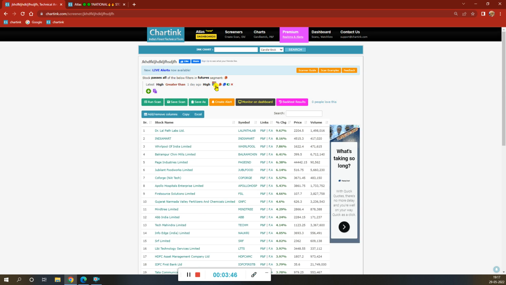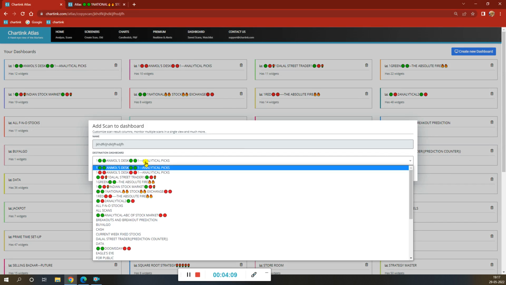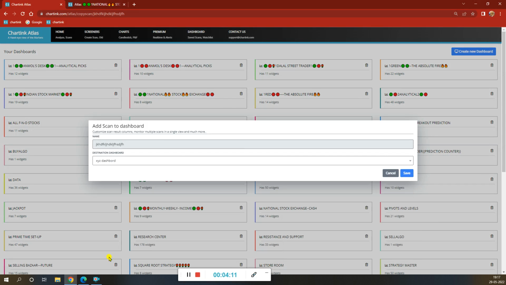Now if I have to look at these stocks on my dashboard, what would I do? What would a normal user of charting do? They would click on this monitor on dashboard, pick the dashboard from this option and then save it.